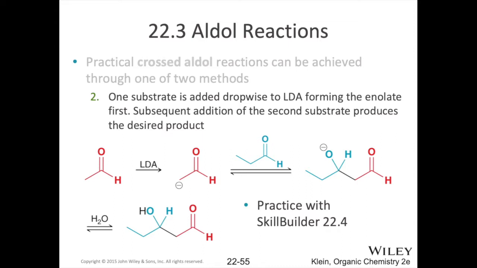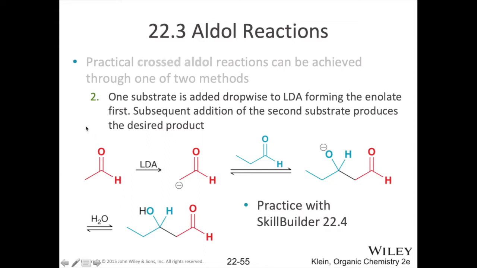Once we know which molecule we want as our nucleophile, start off by turning it into a nucleophile. In other words, form an enolate. Instead of using two enolizable aldehydes together, convert the half that we want to be our nucleophile into the enolate first, and then add your second aldehyde in the subsequent step.